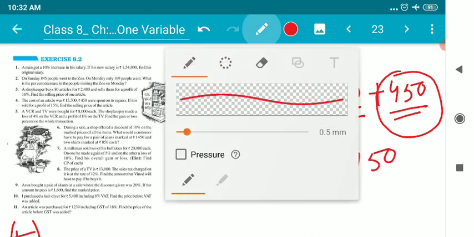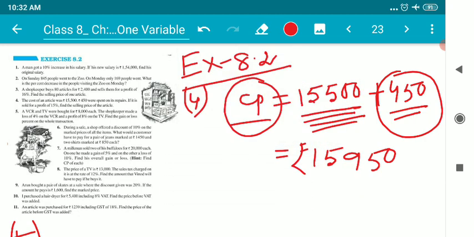Now the question is, the person sold it and made a 15% profit on it. As we all know, the percentage of profit or percentage of loss we always calculate on cost price. So here the cost price is 15,950, and we are going to make a profit of 15%.